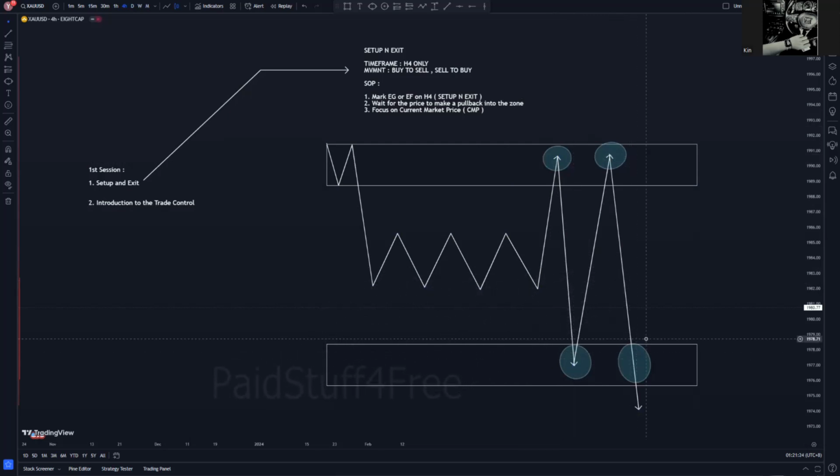All the answers, the whole storyline, will be told inside the current market price. So that is the main reason why we need to focus on the CMP.